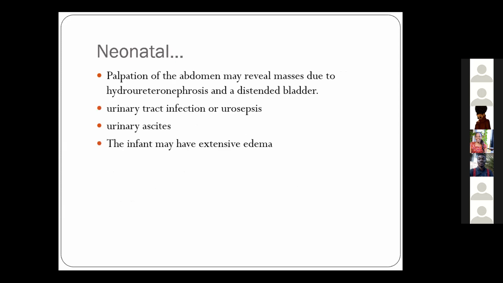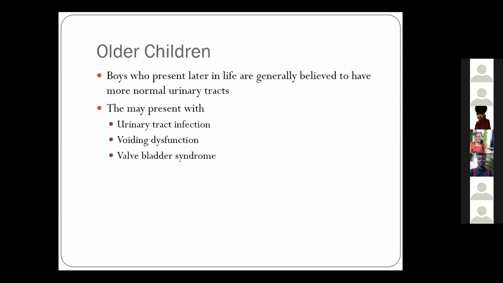Now, palpation of the abdomen may reveal masses due to hydroureteronephrosis and a distended bladder. And there may be urinary tract infections or urosepsis, urinary ascites, and the infants may also have extensive edema.